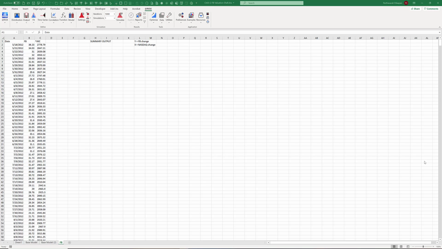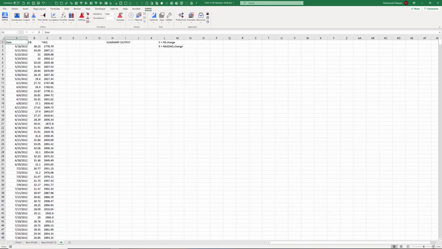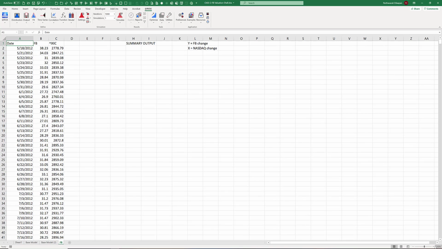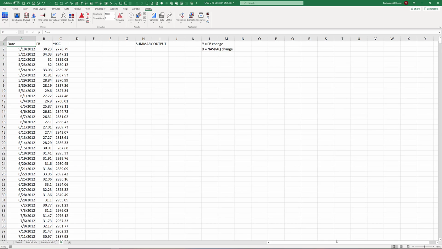And we have the NASDAQ average as well. So now we need to look at the daily rate of return for Facebook, and then for the NASDAQ average, and then we will do the regression.